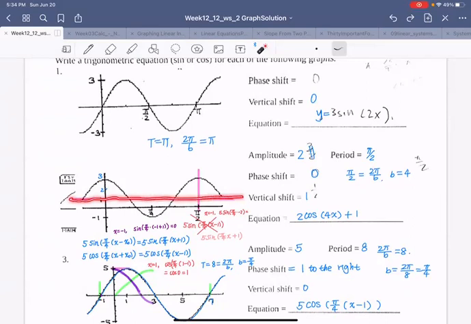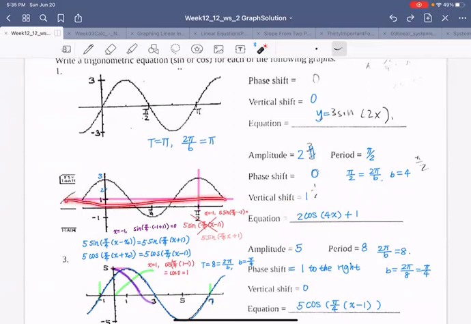You have a vertical shift of 1. Your T is pi over 2. So pi over 2 equals 2 pi over b. b is 4. And your amplitude from here to here is 2. So this is 2 times cosine 4x plus 1.